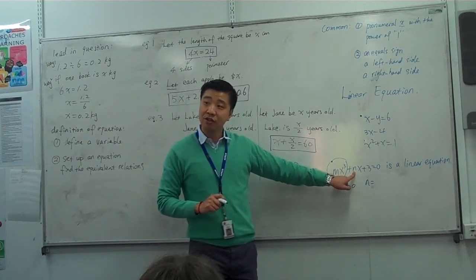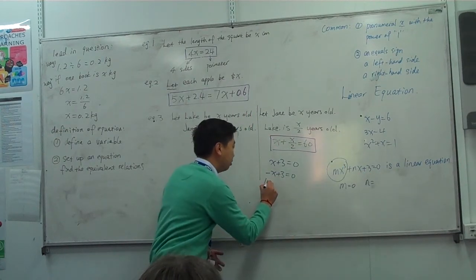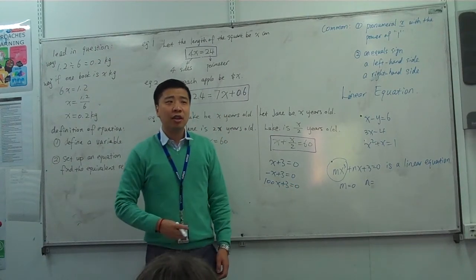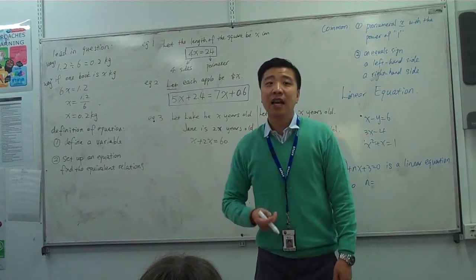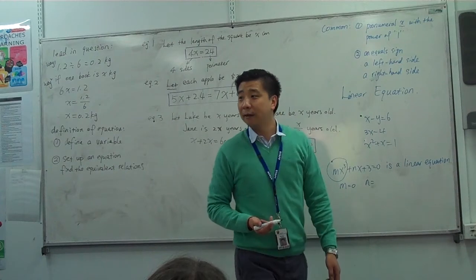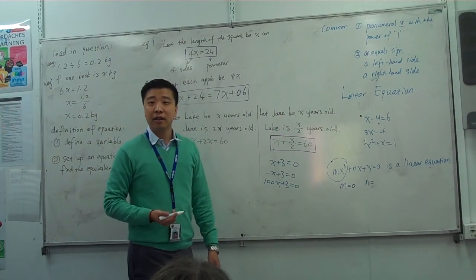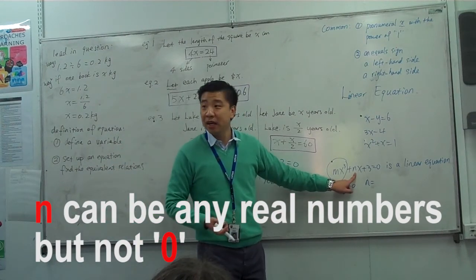Everyone, can n be 100? Yes, 100x plus 3 is 0. Can n be 2,350 or something? Yes. Can n be negative 100? Yes. So how can I say that? n can be everything, but can n be 0?